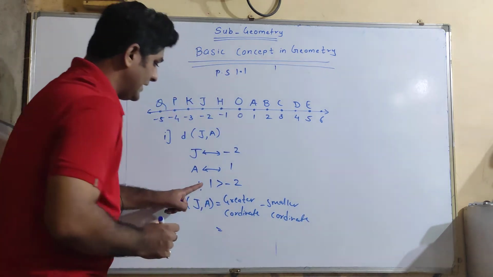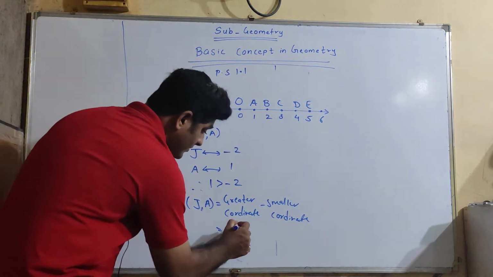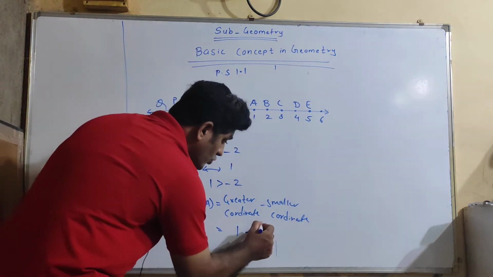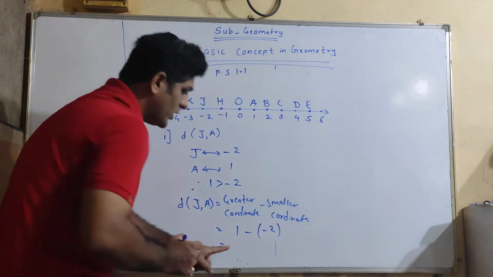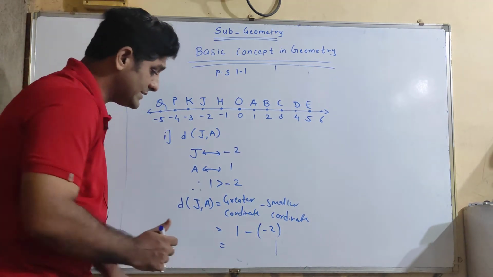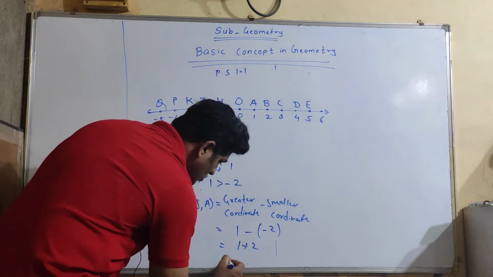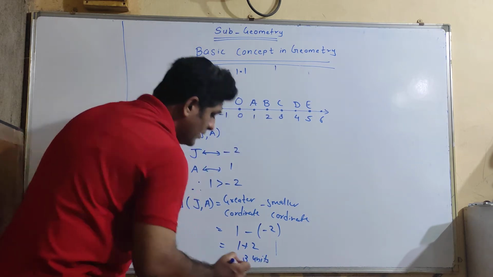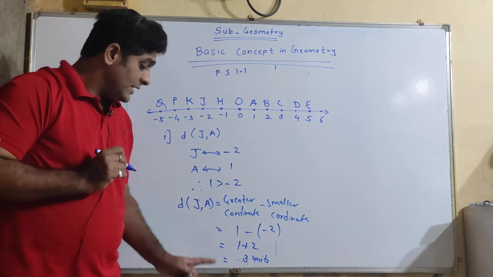So that will be greater coordinate 1 minus -2. You know again students, minus minus is plus. So 1 plus 2 equals 3.